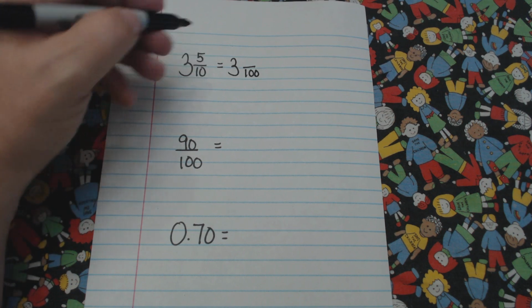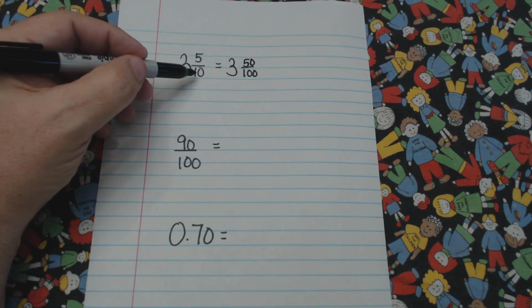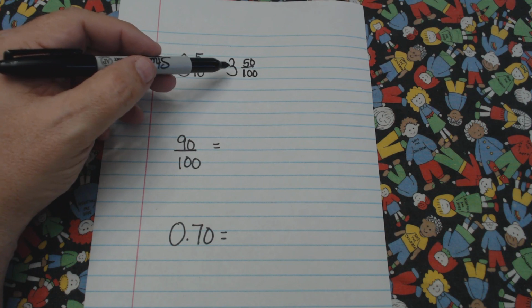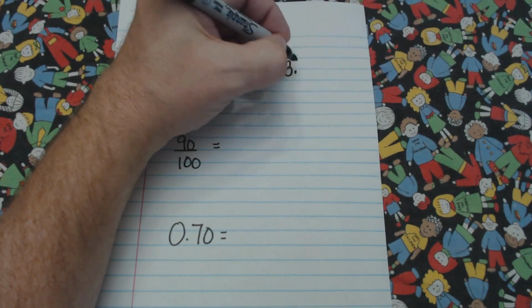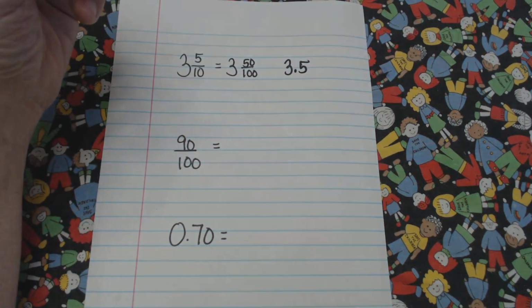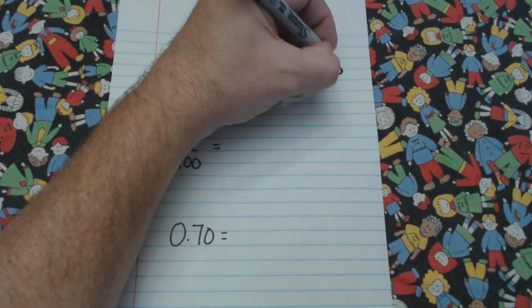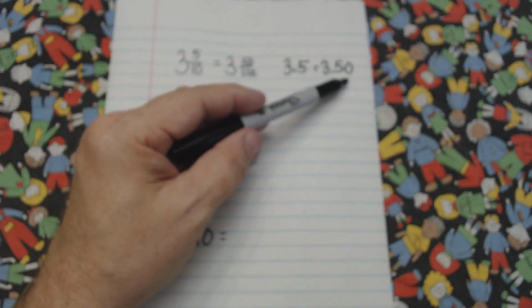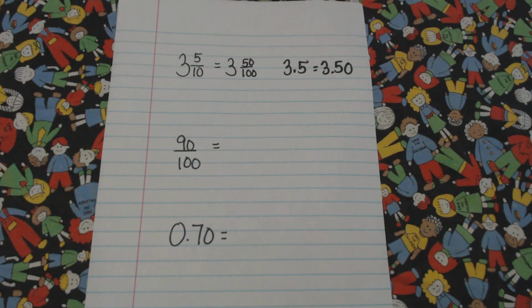So 5 times 10 would be 50. 3 and 5/10 is equal to 3 and 50 hundredths. And as decimals, that would look like this. 3 and 5/10 equals 3 and 50 hundredths. Notice we just have a 0 to the right of the decimal. Does not change the value.